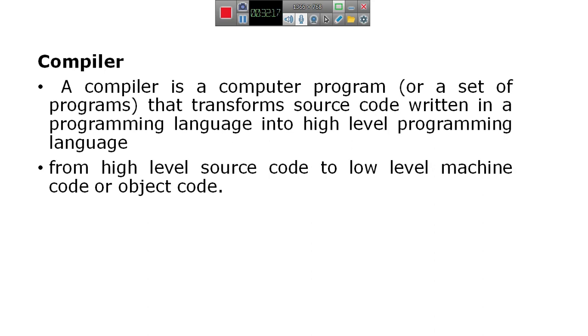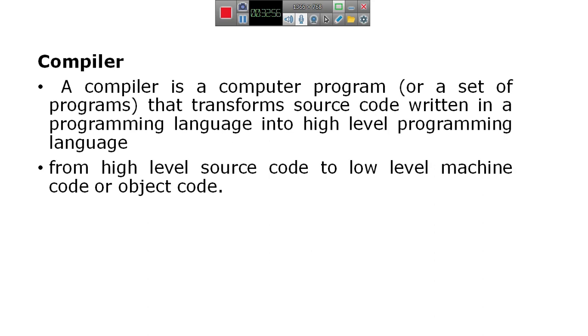The difference between these two is that the interpreter converts the source code into object code line by line, and the compiler converts the source code into object code through the total program, all statements at once.